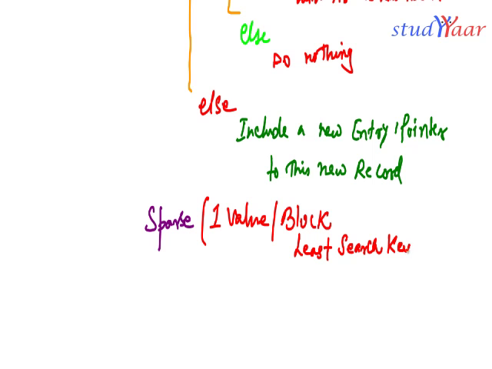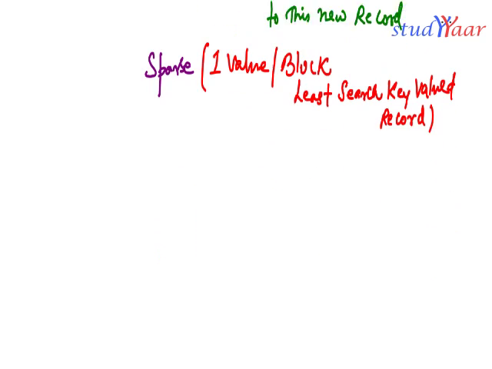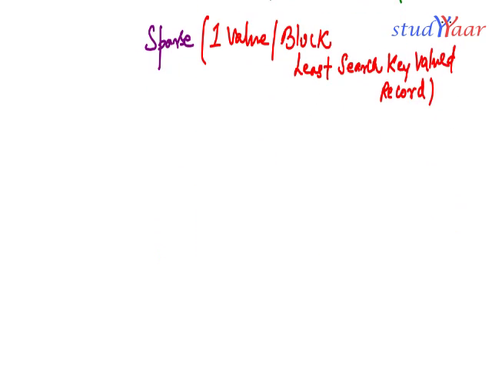Okay, least search key valued record, only the pointer to this record we are storing in a sparse index.